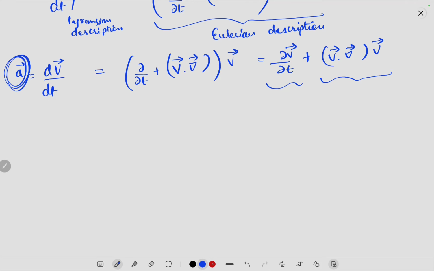Okay, so this is called the material or substantial derivative, and this is for any quantity. So let's not write that quantity inside this circle.